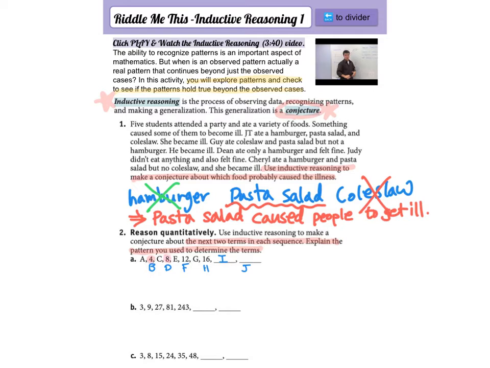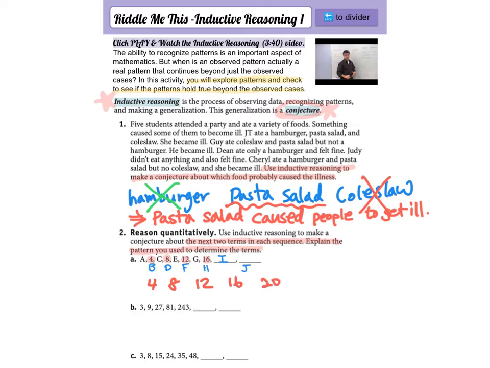But look at those numbers I'm highlighting. It's 4, 8, 12, 16. Do you see the pattern? Yes, those are multiples of 4, right? So 4 times 1 is 4, 4 times 2 is 8, 4 times 3 is 12, 4 times 4 is 16. What should be next then? Very good.